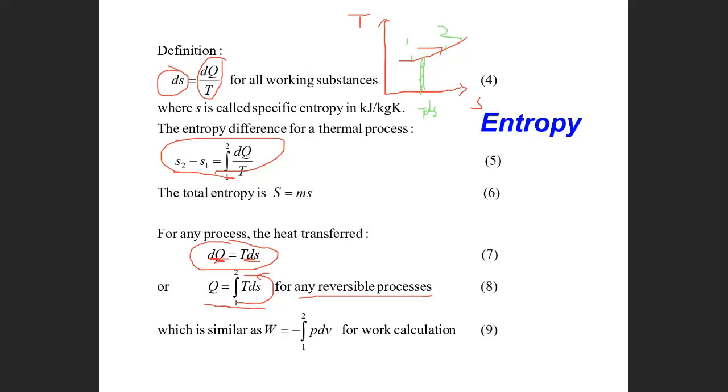So if we take the integral, we get the shaded area. The shaded area can represent the heat flow, which can be heat absorption or heat rejection.